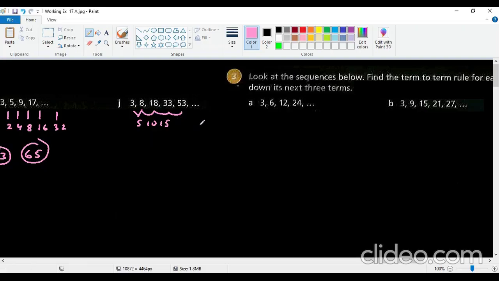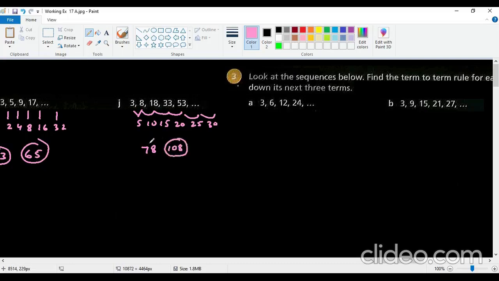So the next difference is going to be 25. So 25 plus 53 is going to give us 78. The next difference is going to be 30. So 78 plus 30 is going to give us 108, which is going to be the answer for this question.